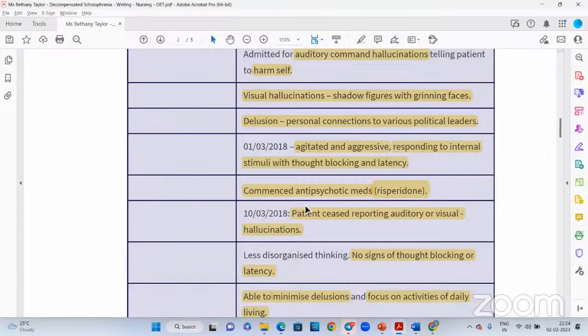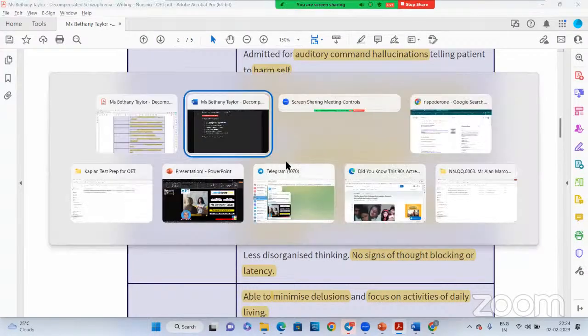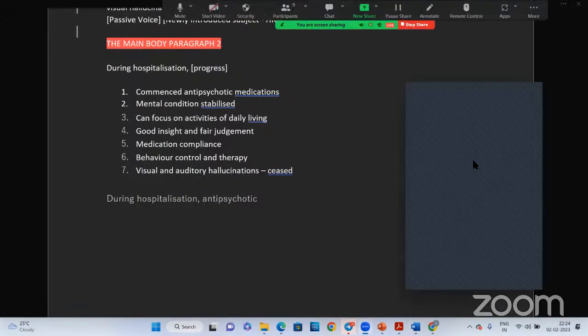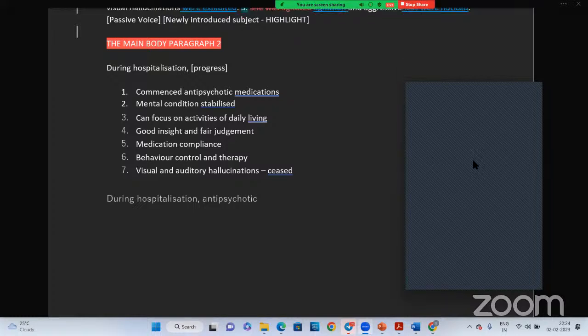Aisha Jama has sent a message to me. What is that? This was my first ever sentence I wrote in OET. Wow. Wonderful. During hospitalization, antipsychotic medications were commenced. That first sentence was 100% correct.